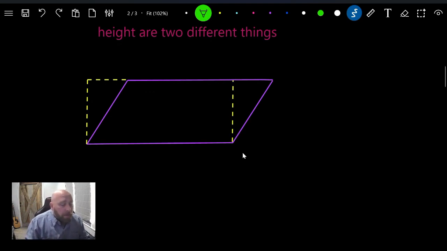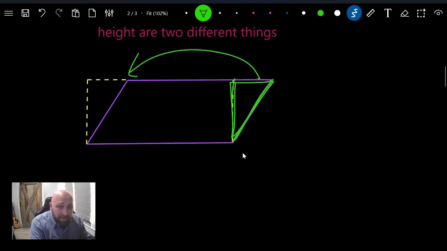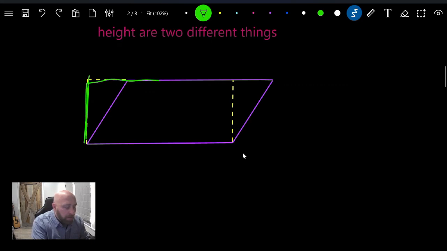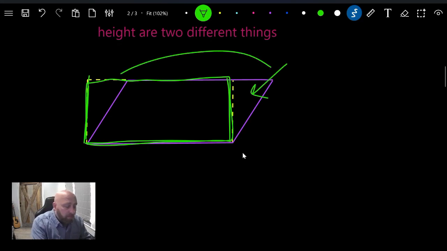Now, if you look out here, check out this little piece right here. If you take this piece and you flip it around, it fits into that spot. What happens when we fit that piece into that spot is we end up with a rectangle. So basically this piece flipped over here makes this a rectangle.